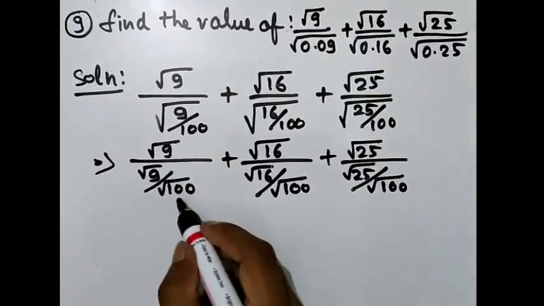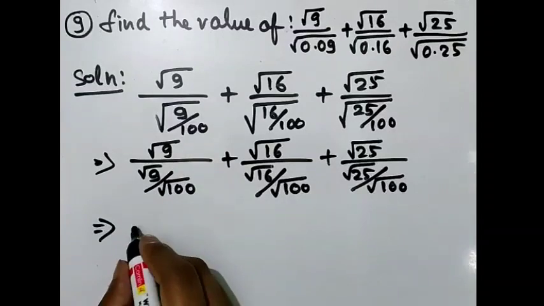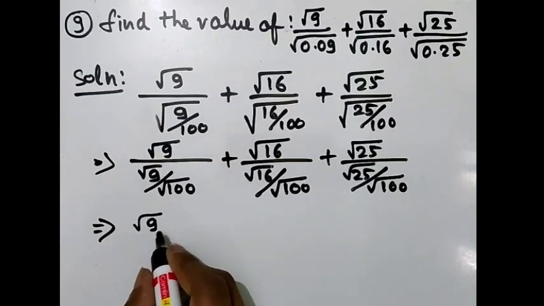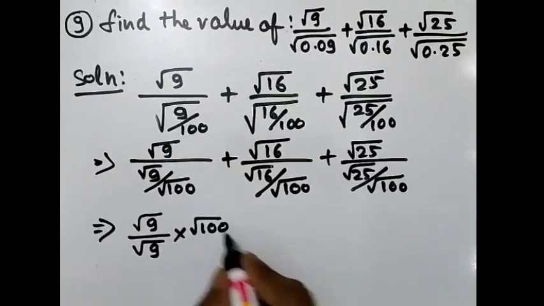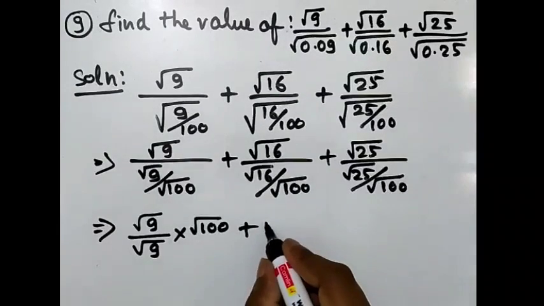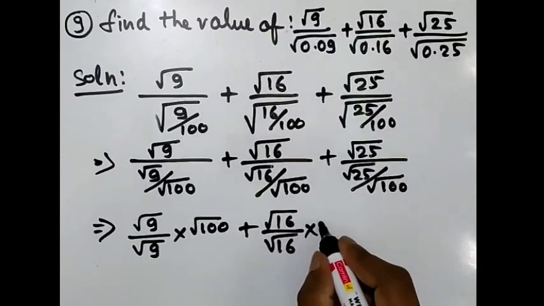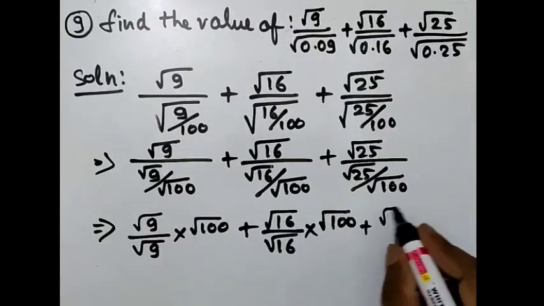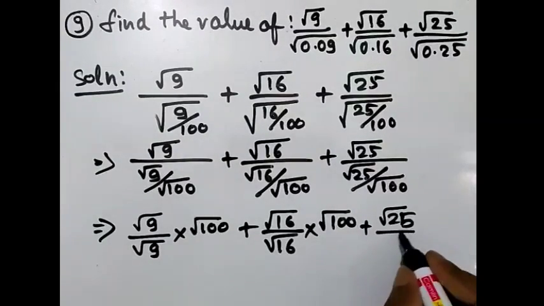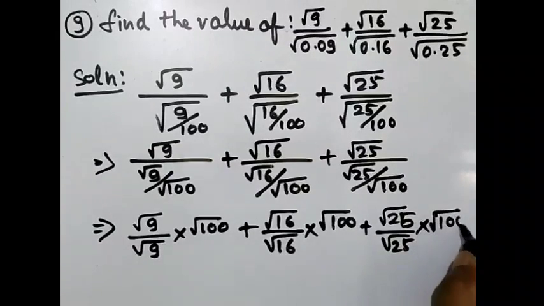Now this will go up, right? This is the main division. So square root of 9 by square root of 9 into square root of 100 plus square root of 16 by square root of 16 into square root of 100 plus square root of 25 by square root of 25 into square root of 100.